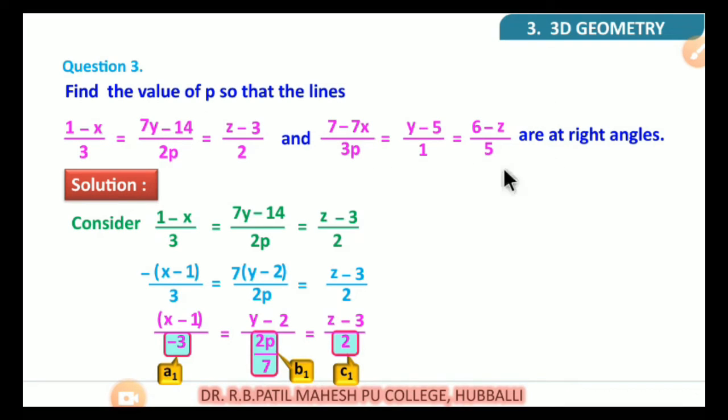So similarly, we can convert this second line also into standard form. Let us write it in the standard form. So now take that one: (7 - 7x)/3p = (y - 5)/1 = (6 - z)/5. So in these three terms, only the second term is in the standard form. So we have to convert these two into standard form.